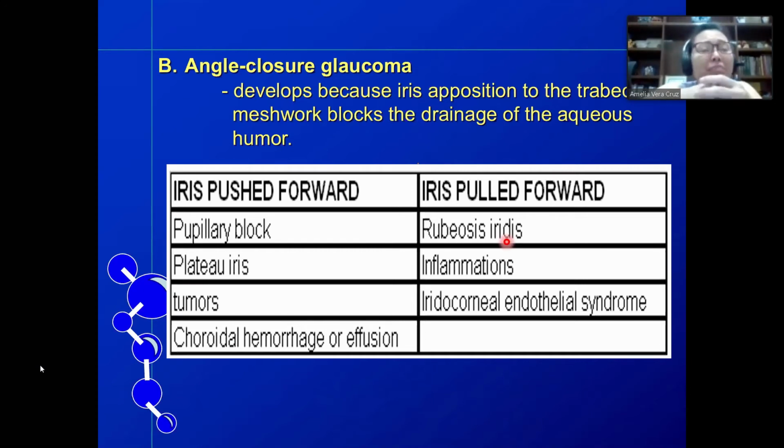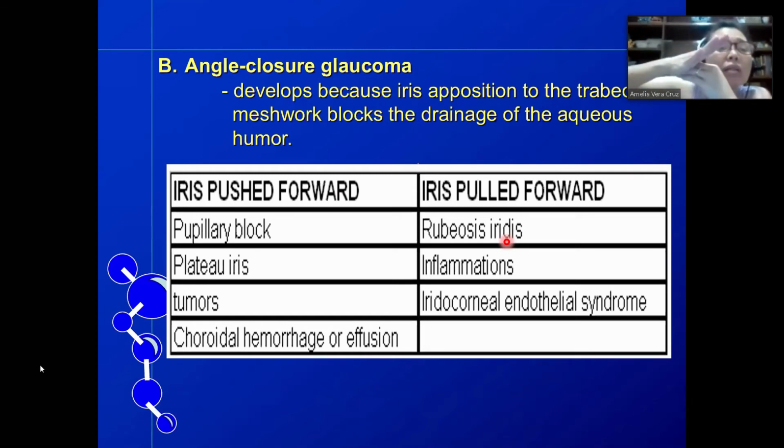Para siyang membrane formation, pulling the iris anteriorly. The inflammation now, pag nag-retract yan, it will cause the pulling of the iris towards now the posterior part of your cornea. So maglo-close na ngayon ang chamber mo.